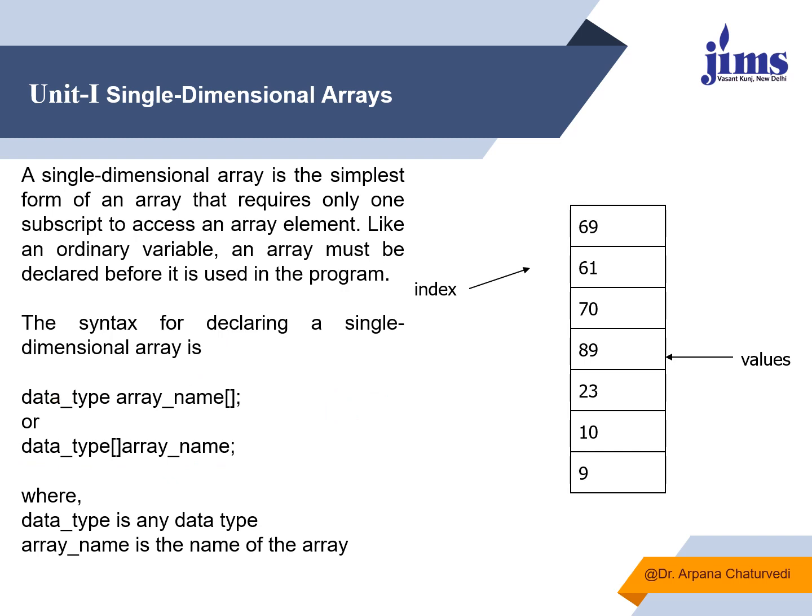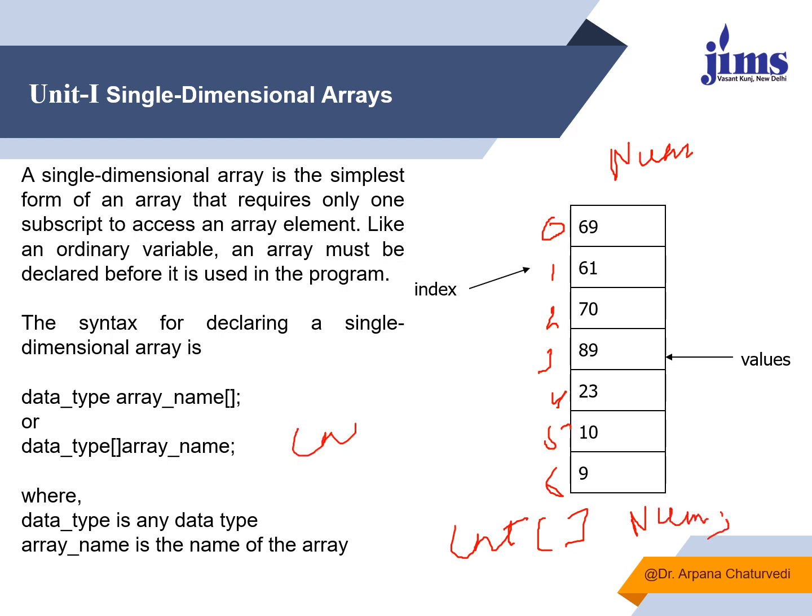So here, as mentioned, this is an array. The different index values are 0, 1, 2, 3, 4, 5, 6. The name of the array is num. These are the values. So this can be declared as int, then subscript, and then num, or we can say int num and then subscript.